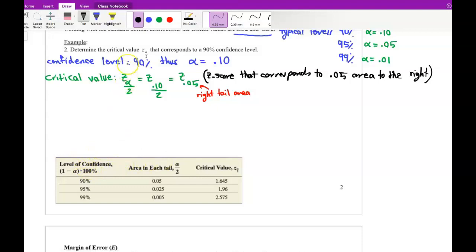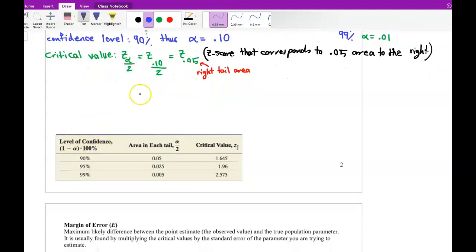Okay, now I'm trying to make it more clear what that means here. If you remember, in between z is 0.